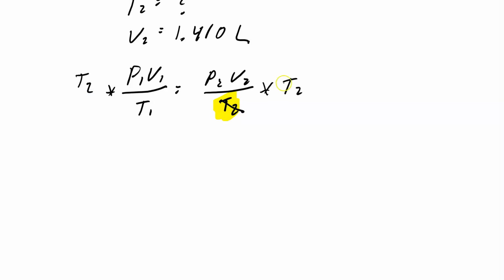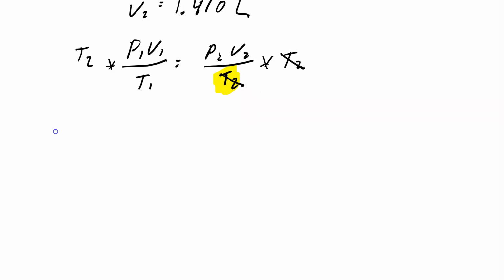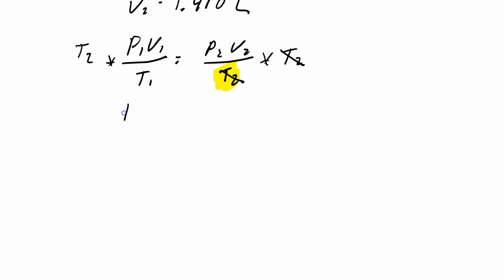That's going to cancel T2 from the right side of the equation, and I'm now left with T2 P1 V1 over T1 is equal to P2 times V2.